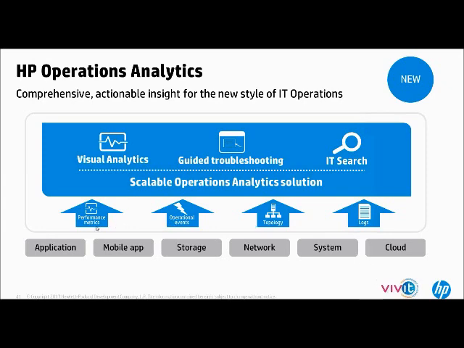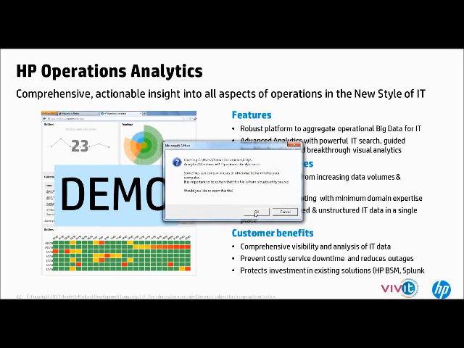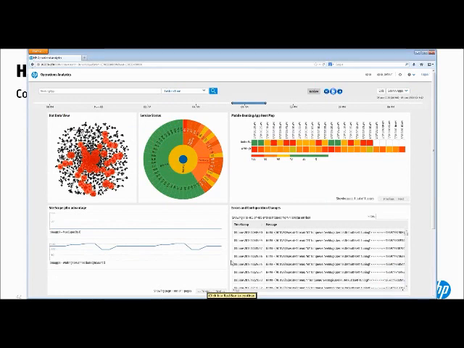We'll pick up information whether it's performance metrics, operational events, topology-related information, and even log files that are getting generated by the systems. To give you a visual of what we are going to do, I'm going to run a small demo so that you get an idea of how Operations Analytics will work.